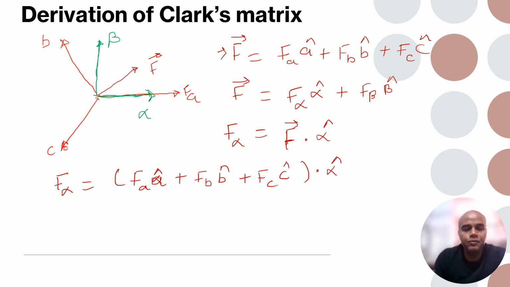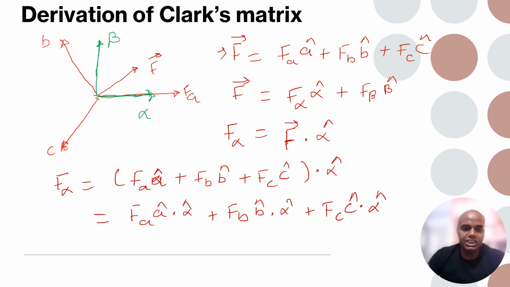So just by opening this expression, we will have Fa a cap dot alpha cap plus Fb b cap dot alpha cap plus Fc c cap dot alpha cap.